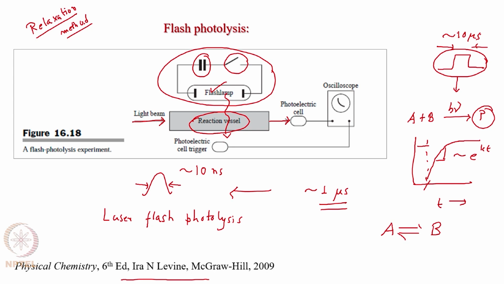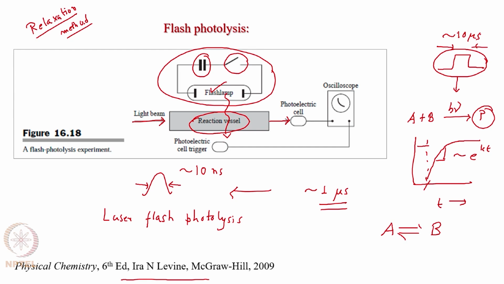Say for example, instead of an electronic flash or photo flash, you could also do a temperature flash, where you send a huge heat pulse so that the temperature changes all of a sudden, and then your reaction initiates, and the system thermally equilibrates and goes to a new equilibrium.